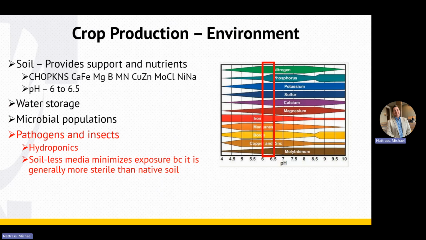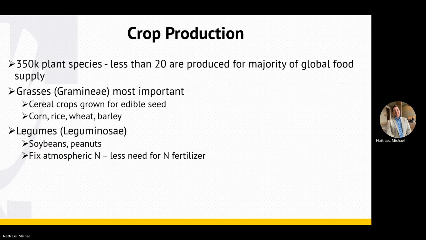But in general, to start off with, hydroponics minimize that potential for pathogens and insects. There are a lot of plant species, about 350,000, but less than 20 of them are produced for the majority of the global food supply. When we're talking about the majority of the global food supply, we're talking about things like corn, rice, wheat, soybean, peanuts, tomatoes.